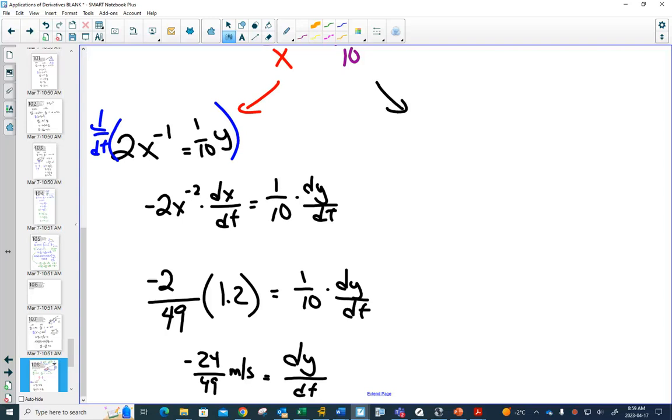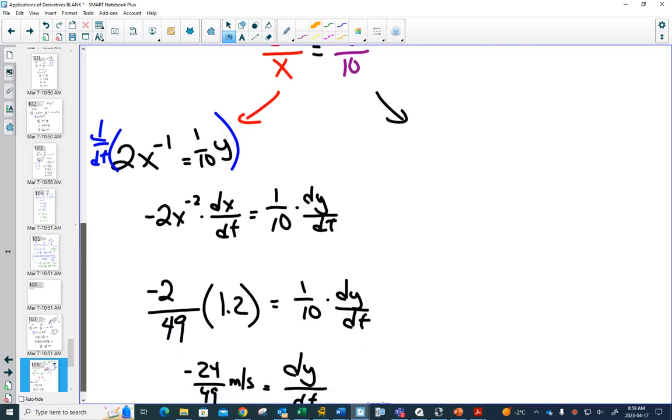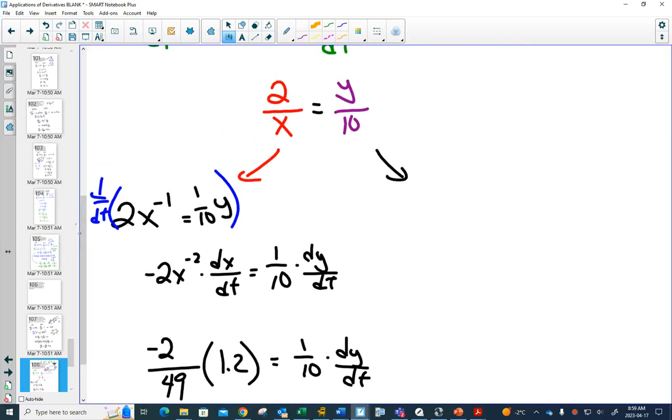The other option is you could have multiplied this out like that, and then you would have a product rule when you did the derivative. So when I take the derivative with respect to time here, the derivative of 20 will be 0.